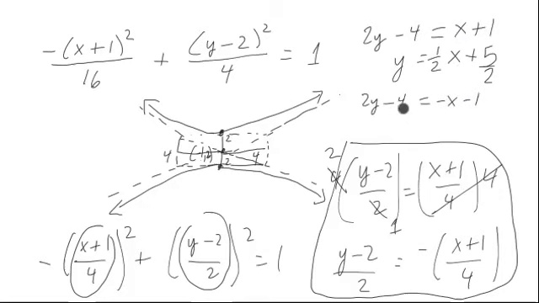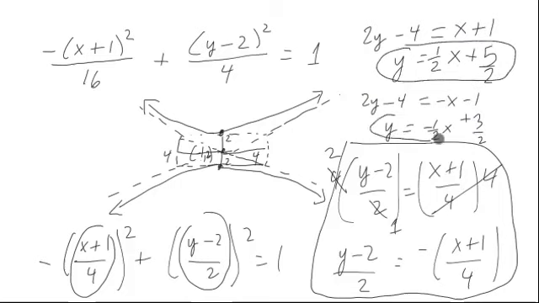So add 4 to both sides, but this time it's going to be a plus 3. And then if you divide by 2, you'll end up seeing you're going to get something like this. So we have the equations of our two asymptotes, and we have the graph drawn of the hyperbola.